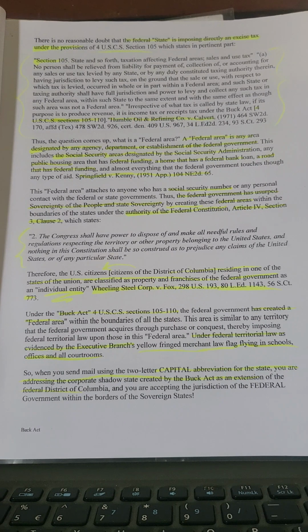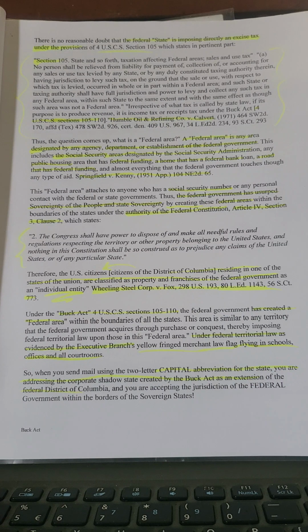This area is similar to any territory that the federal government acquires through purchase or conquest, thereby imposing federal territorial law upon those in this federal area. Under federal territorial law, as evidenced by the executive branch's yellow fringe merchant law flag flying in schools, offices, and all courthouses.